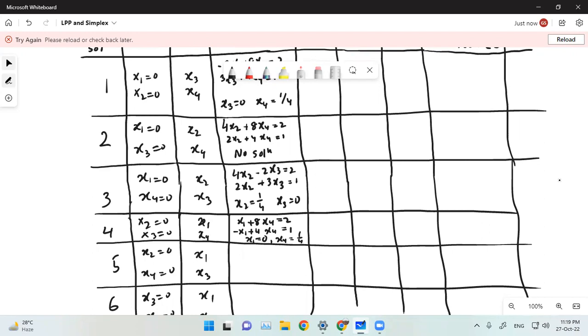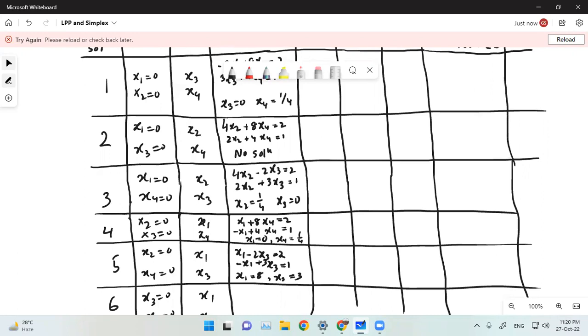Fifth case, x1 minus 2x3 equal to 2, minus x1 plus 3x3 equal to 1. So solution will be x1 equal to 8 and x3 equal to 3.